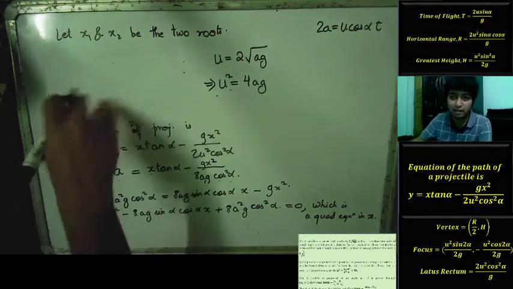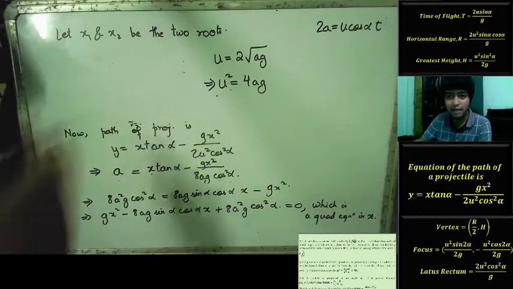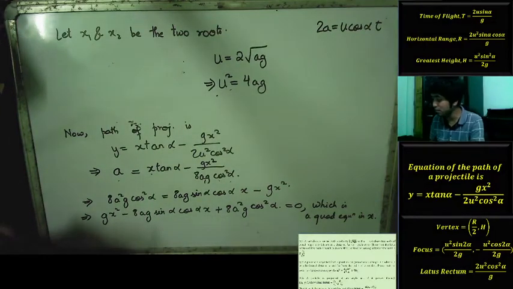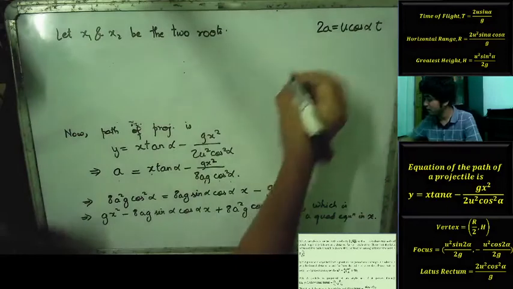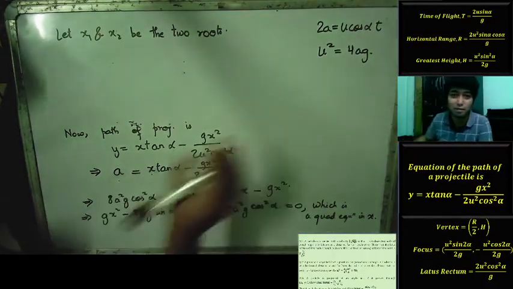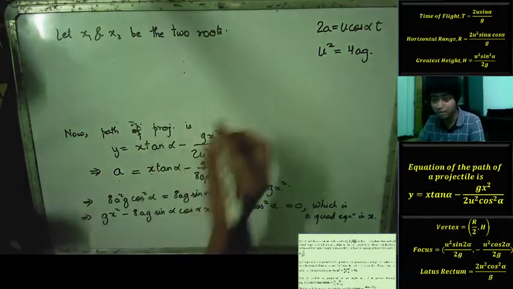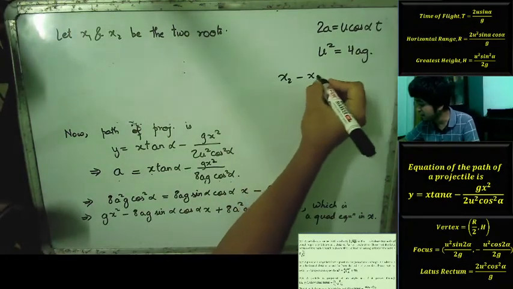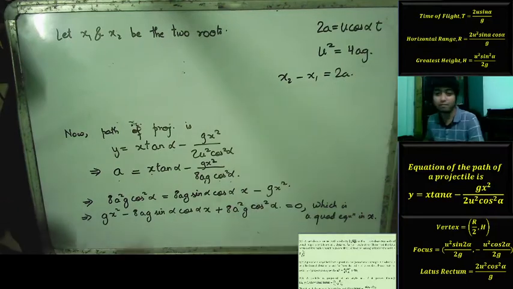If you take a look at the picture, if you remember, x2 minus x1 is equal to 2a, and u squared equals 4ag. Let's keep that also, maybe we'll need it.